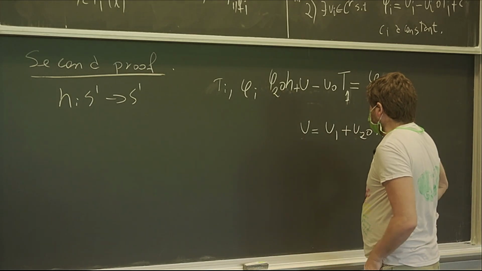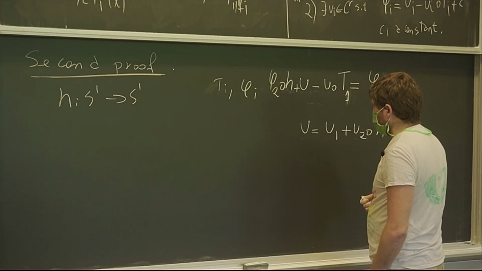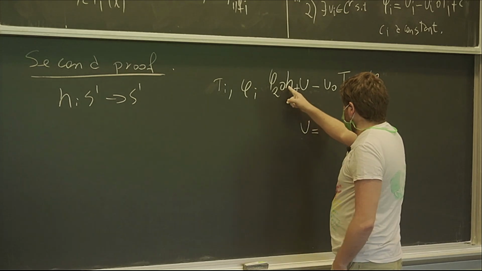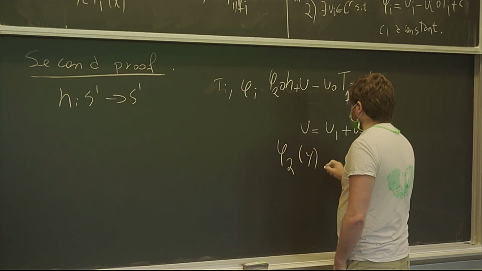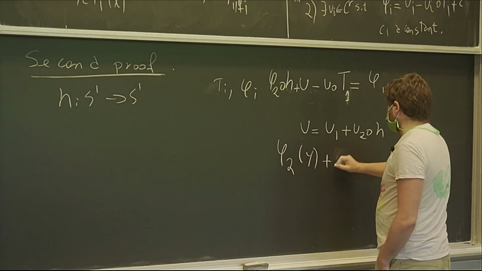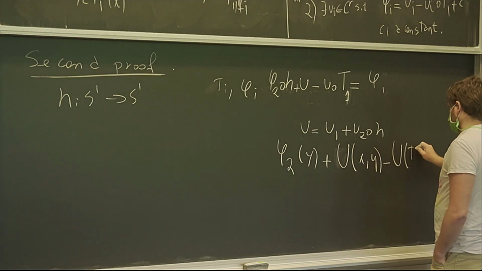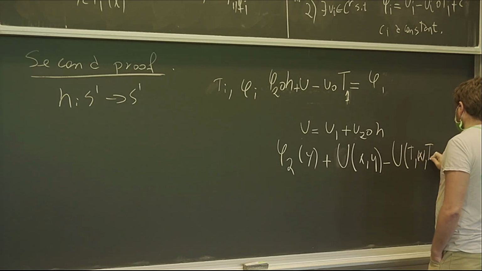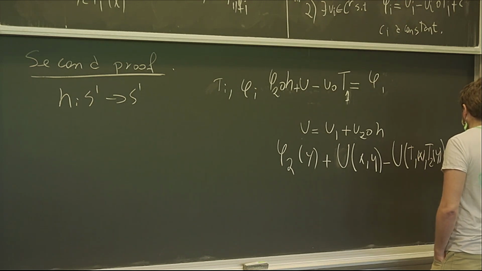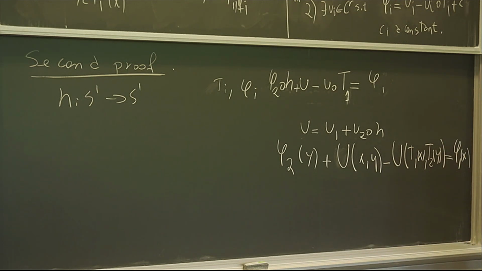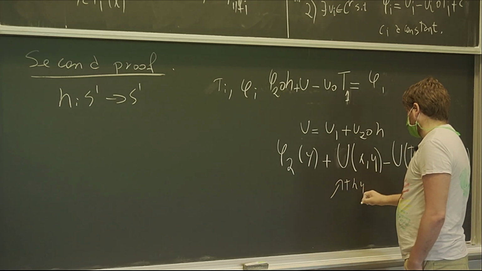Then you try to think of this as a two-variable problem, okay? And forget about the H, and you look at this equation. Now it's a capital U. Now the question is how to solve this equation.